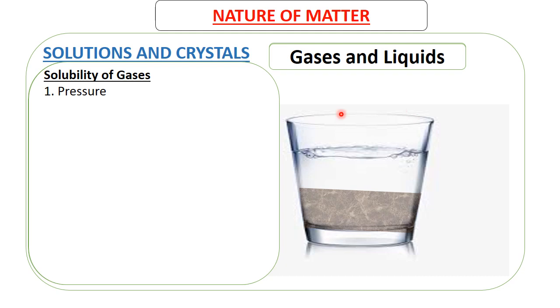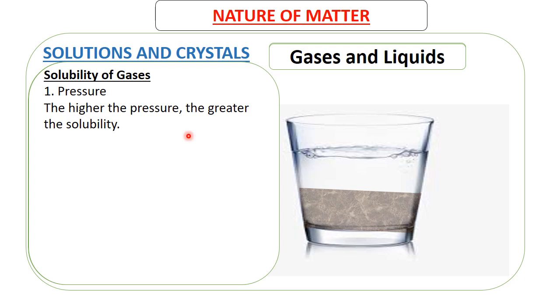If we cover this cup here, and then we start pushing whatever is covering the cup down, the gas that is occupying this empty space will dissolve in water. So that's pressure. From here we can conclude that the higher the pressure, the greater the solubility. You increase the pressure, solubility increases. You reduce the pressure, solubility decreases.